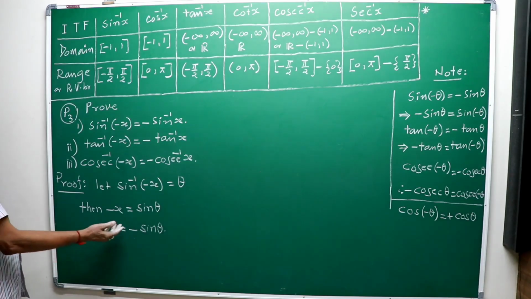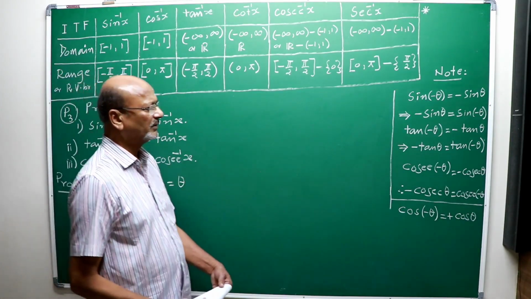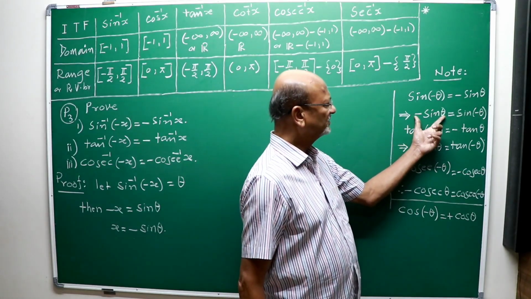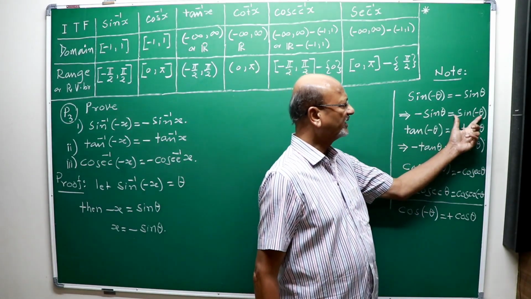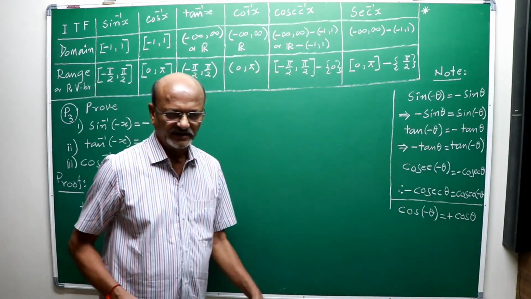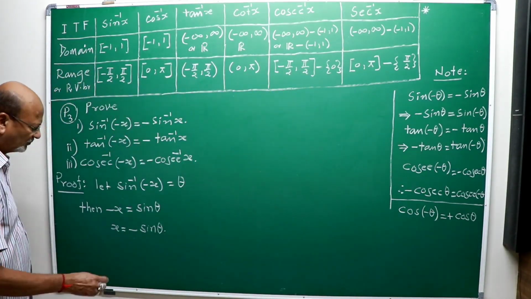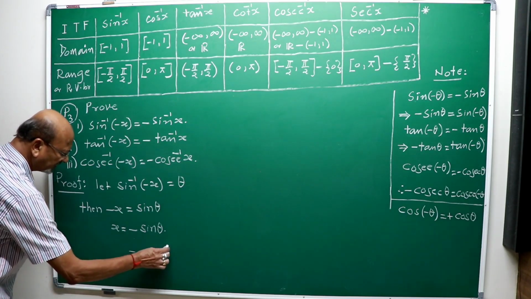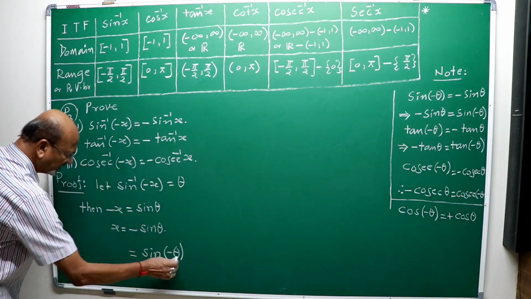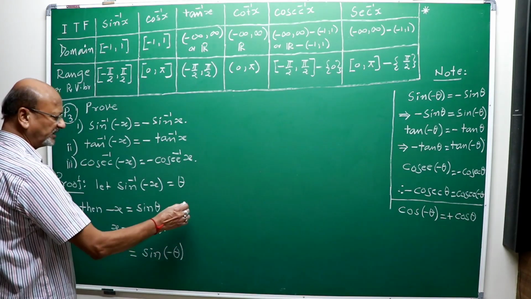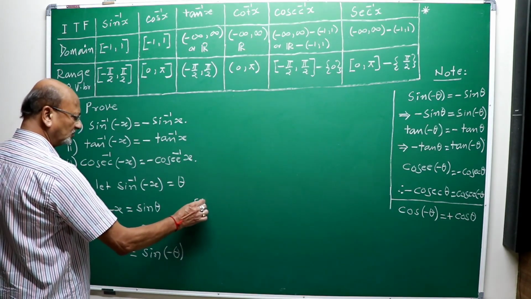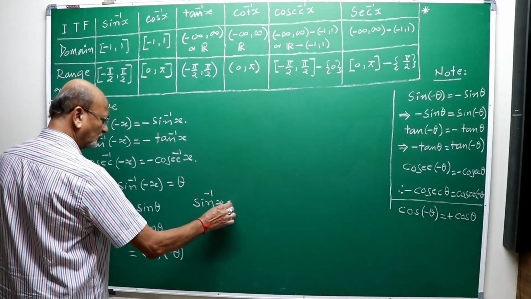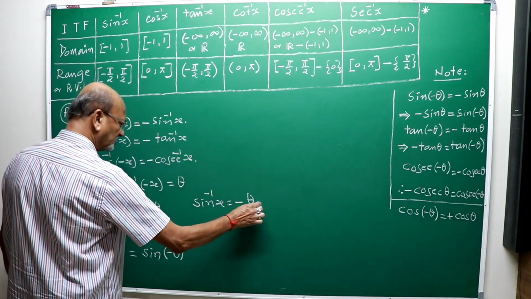Yes, my friends, we convert this minus sine theta by making use of what I discussed earlier. What is minus sine theta? It is sine of minus theta. Taking it to this side, sine inverse x equals minus theta.